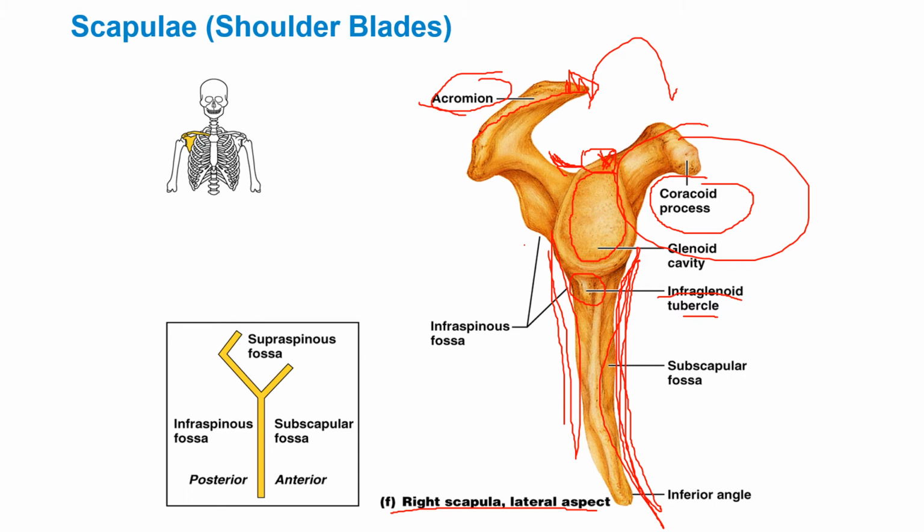So write this down. The rotator cuff muscles are important in moving the shoulder and stabilizing your shoulder. As a matter of fact, the rotator cuff muscles are the most important thing to stabilize your shoulder. The shoulder is really stabilized mostly by the rotator cuff muscles. And we have a mnemonic to remember them. It's SITS.